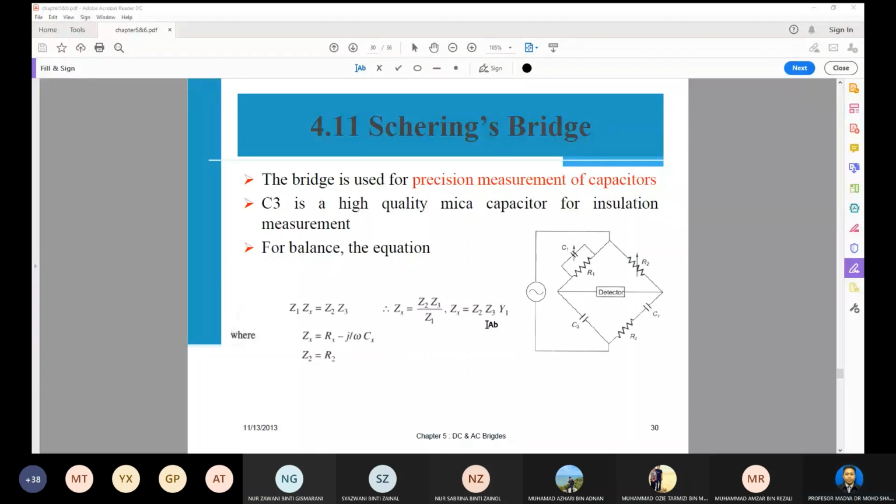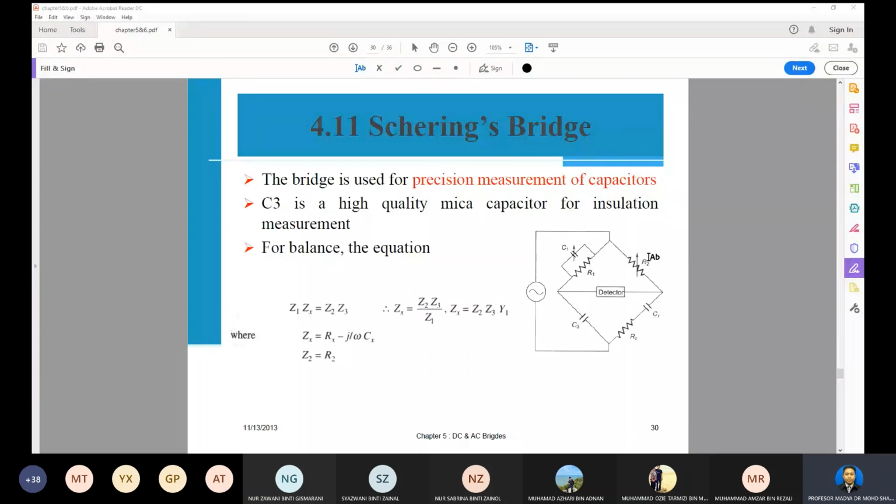You can see it is based on the same concept as the Wheatstone bridge, but the difference is this one is similar to Maxwell, because the impedance Z1 will be the same. R2 will be a variable resistor.